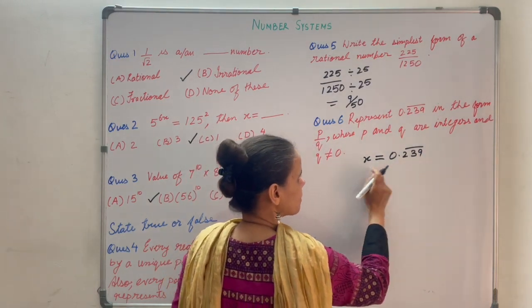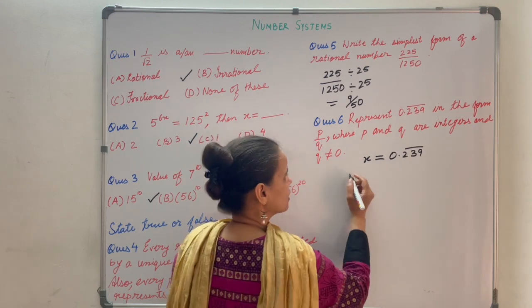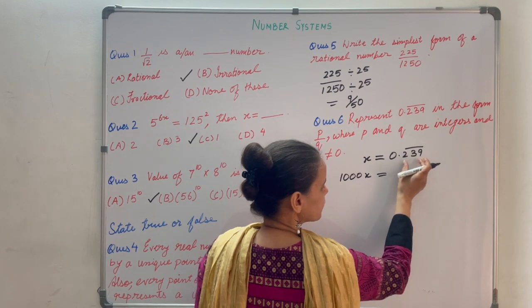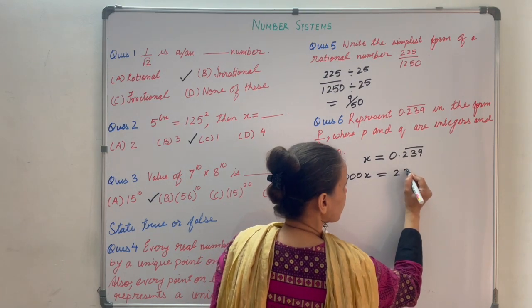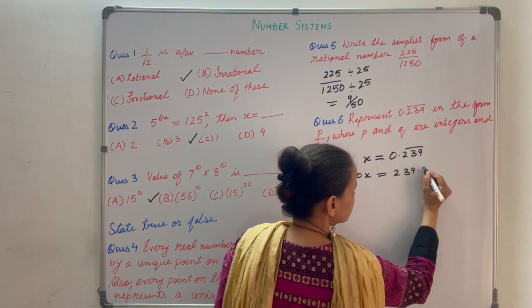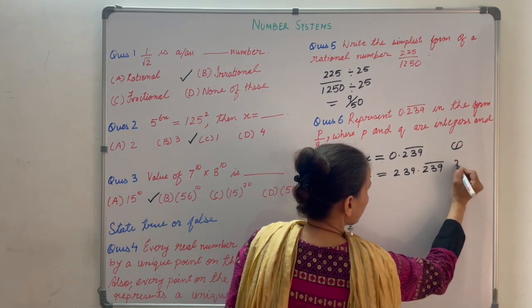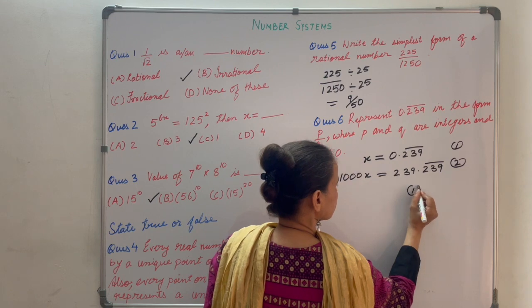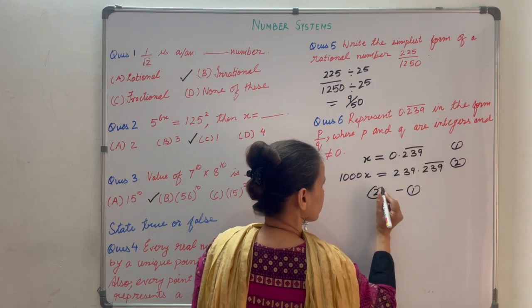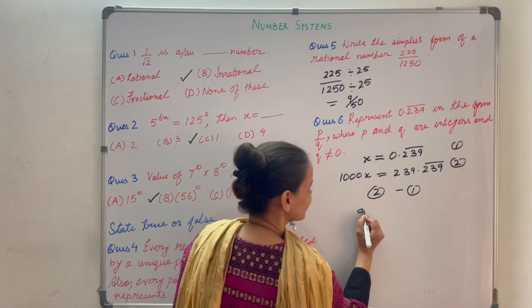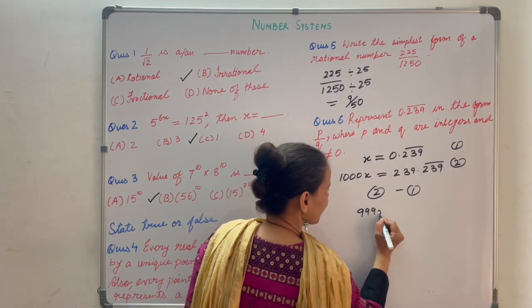So we are going to multiply both the sides by 1000. So here you will have 1000x, and when you multiply this by 1000, you will get 239.239 will be under the bar. So now I am going to subtract first one from the second one. So 1000x minus x will give you 999x.